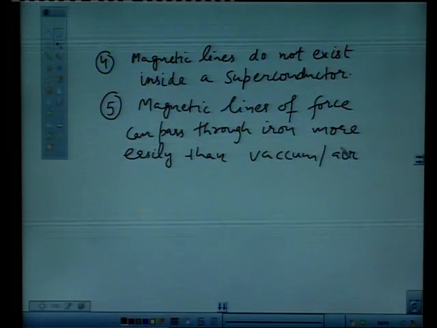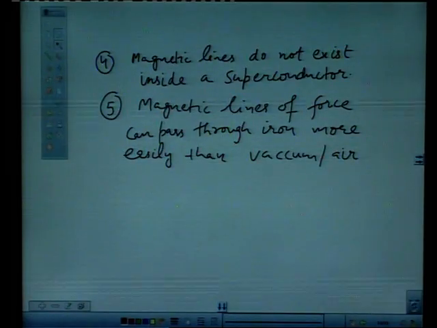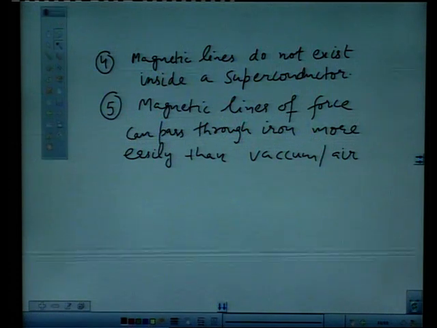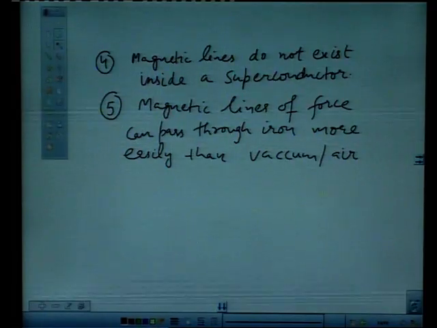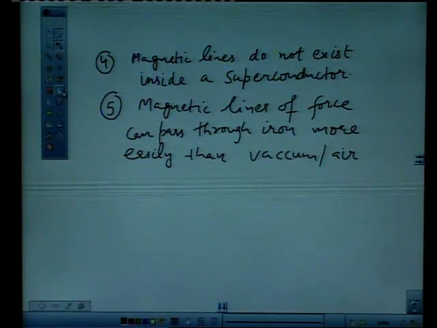Since the magnetic permeability of iron is more as compared to vacuum or air, magnetic lines of force can pass easily through iron. So now these are some properties of magnetic lines of force.